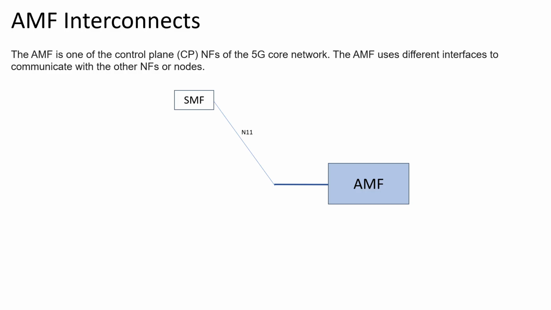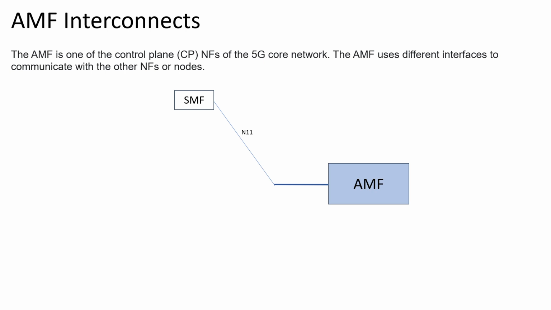So as soon as the AMF receives the PDU establishment request originated by the subscriber, AMF discovers the SMF, right? What is the session management function that can process this PDU establishment request originated by the subscriber, right?